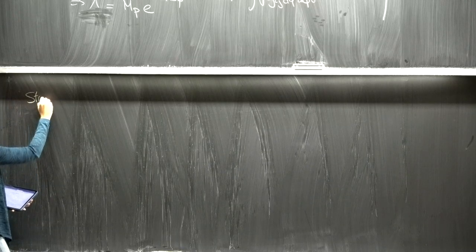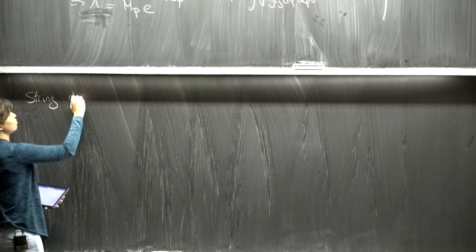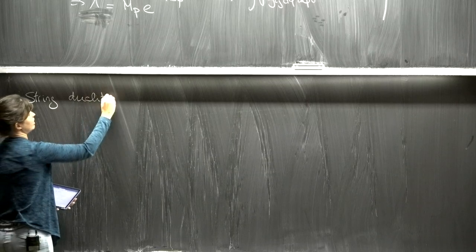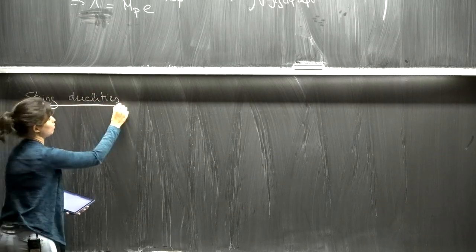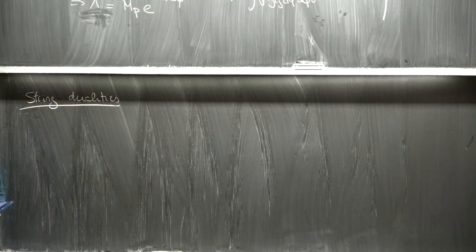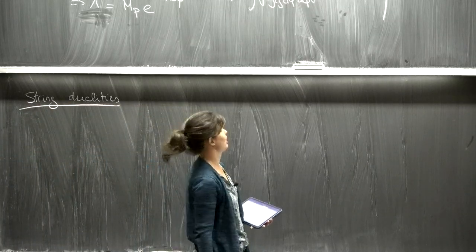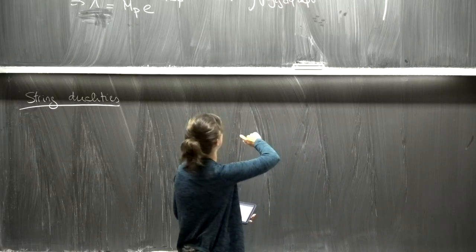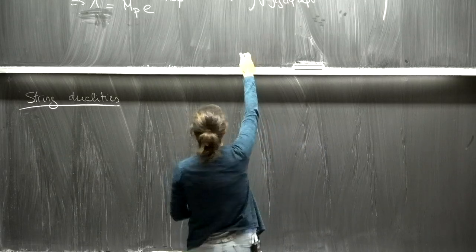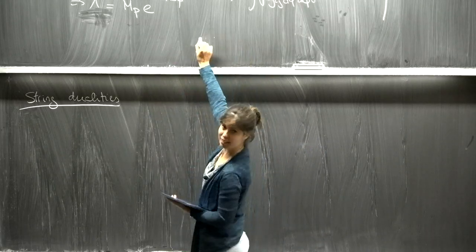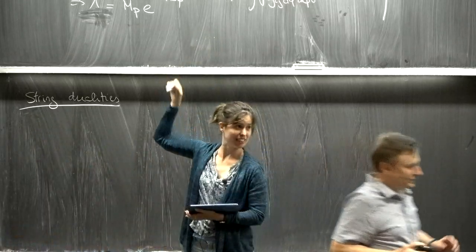I'm gonna title this string dualities, because by studying this example of type 2A in more detail, we are gonna recover all the most famous dualities in string theory, which I think is useful also for the lectures of Henry, on M theory. And then we're gonna see how it seems that dualities are what is behind the existence of these towers.